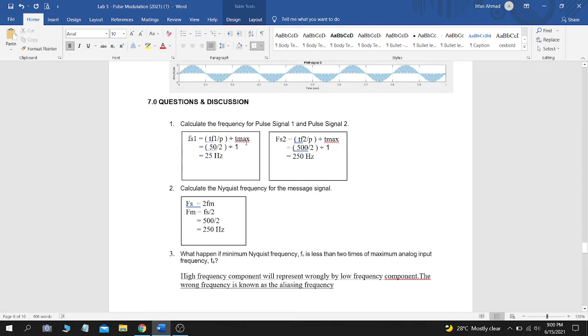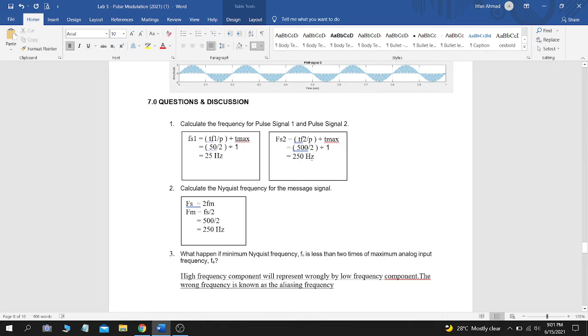So we get 50 divided by 2, divided by 1, which is 25 Hertz. Next, Fs2 equals TF2 over P, then divided by Tmax. Substituting, 500 divided by 2, divided by 1, so we get 250 Hertz.